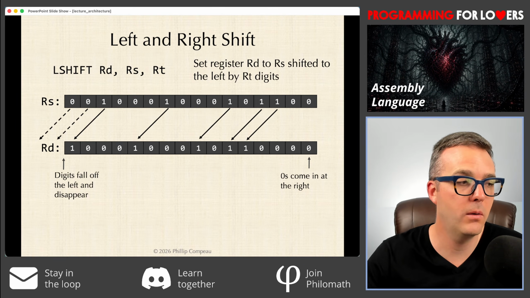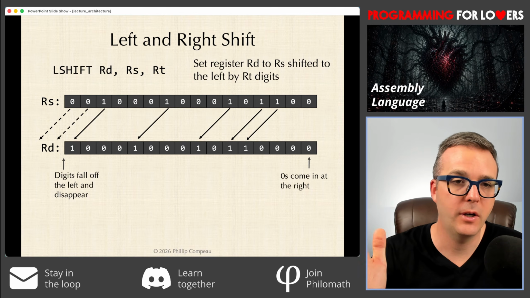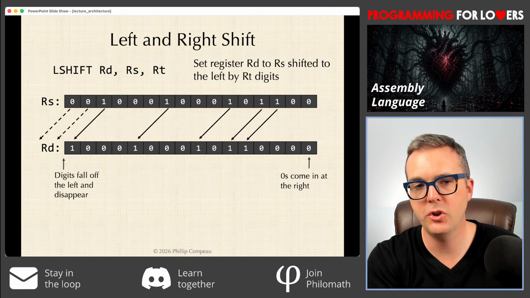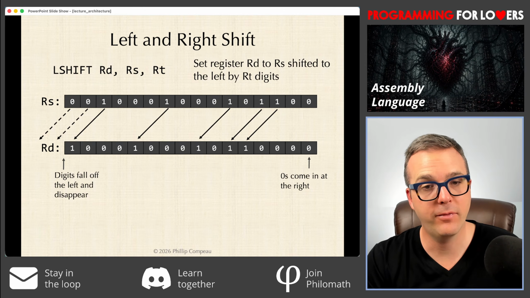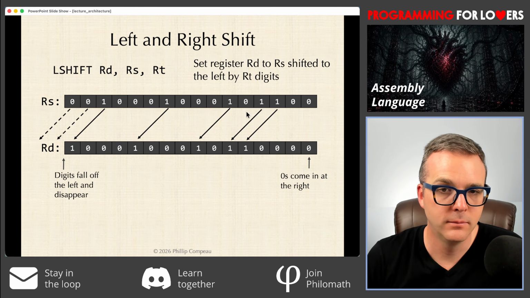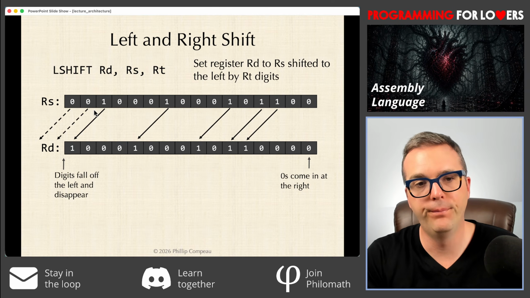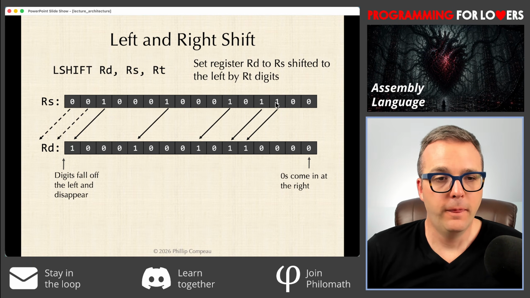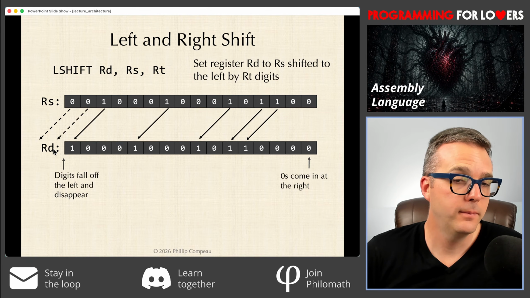So we're going to allow ourselves to shift in either direction. In this case, we're going to shift a number to the left. So if we were to shift this particular number to the left by 2 bits or 2 digits, these 2 zeros at the front would fall off.